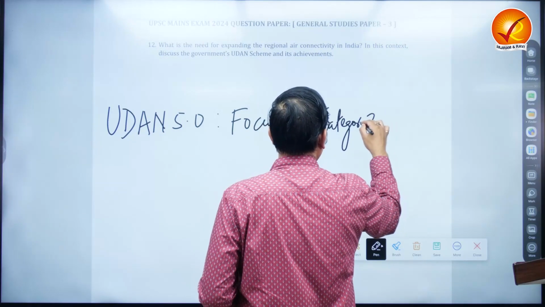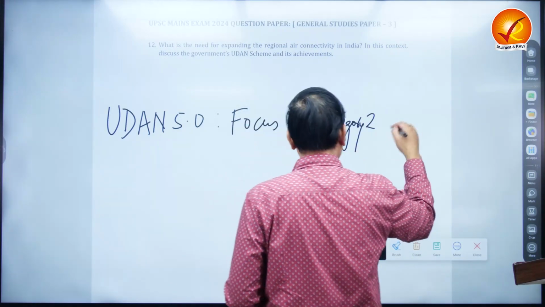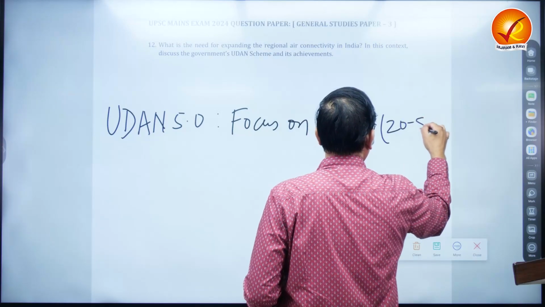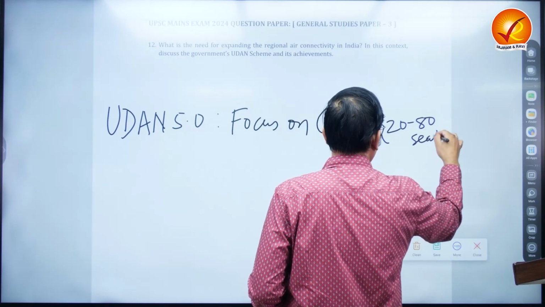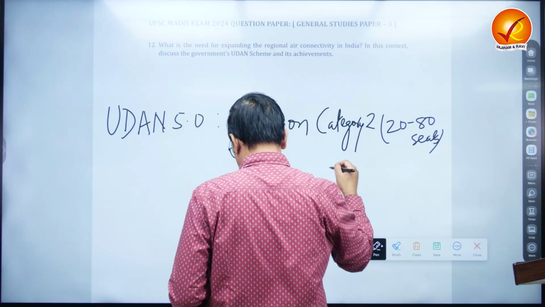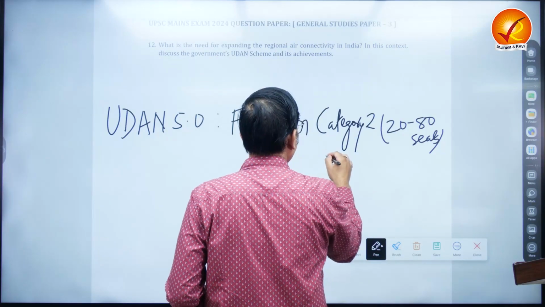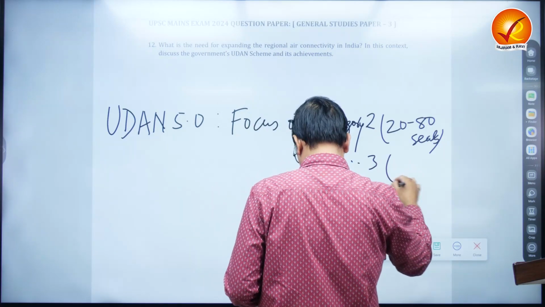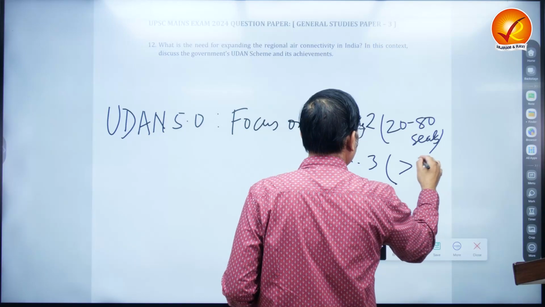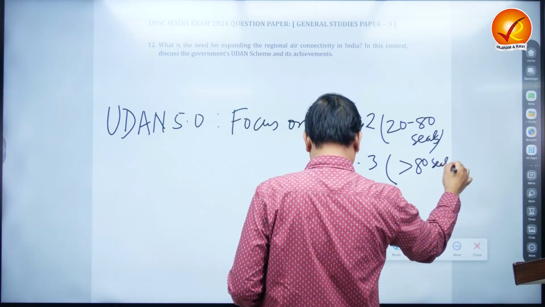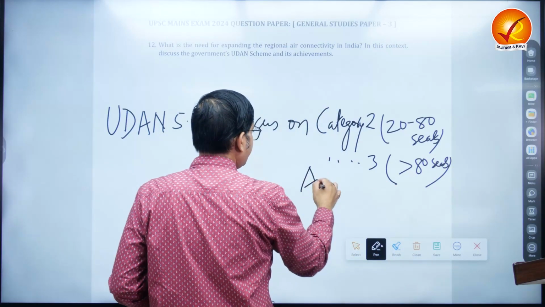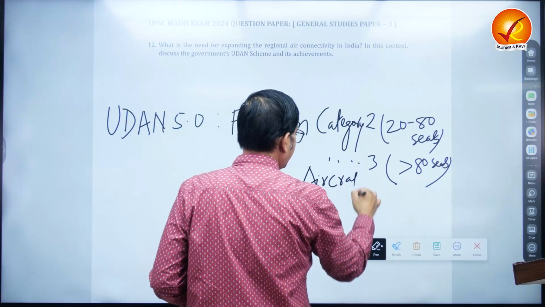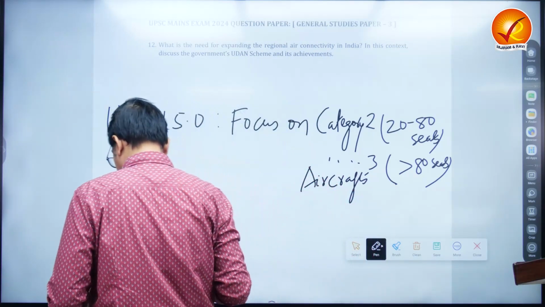When we talk about category 2 aircrafts, we are talking about 20 to 80 seats based aircrafts. Category 3 is greater than 80 seats. Okay, so some specific types of aircrafts were encouraged under this.